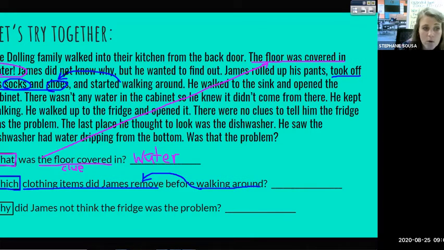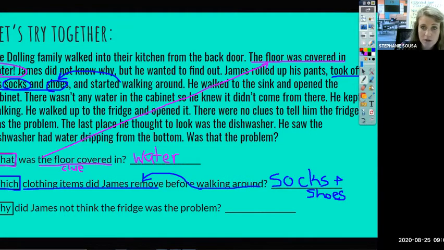So before walking around, my answer is before, and the clothing items are socks and shoes. So again, these clue words help me identify exactly where in the text I'm going to find my answer. So socks and shoes. This time we had a time clue with the word before. And if you look before or in front of walking around, we see it right there. They are names of the articles of clothing.